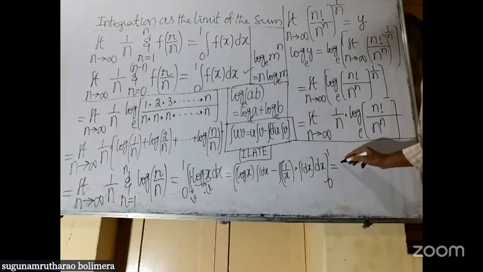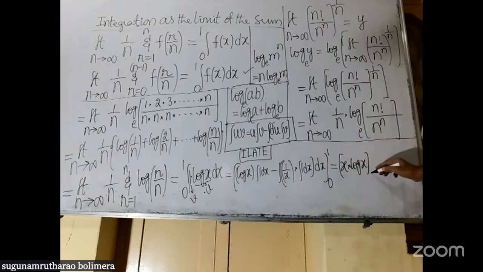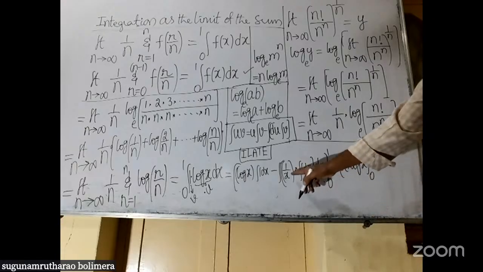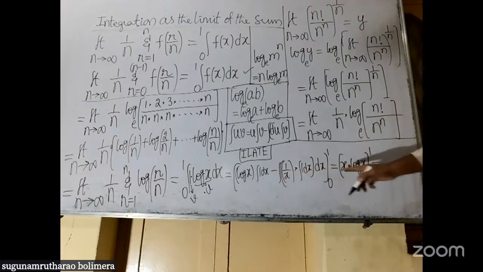So this is equal to x into log x from 0 to 1, minus integral of 1 dx, where x gets cancelled, which is x from 0 to 1.